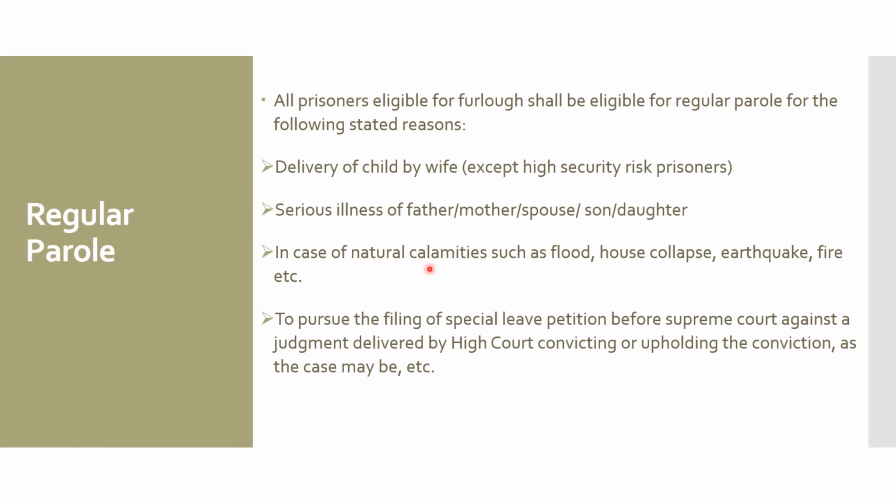In case of natural calamities such as flood, house collapse, earthquake, fire, etc., or to pursue the filing of a special leave petition before the Supreme Court against a judgment delivered by the High Court convicting or upholding the conviction, as the case may be. So generally, these are the circumstances when a regular parole is granted to the prisoner.